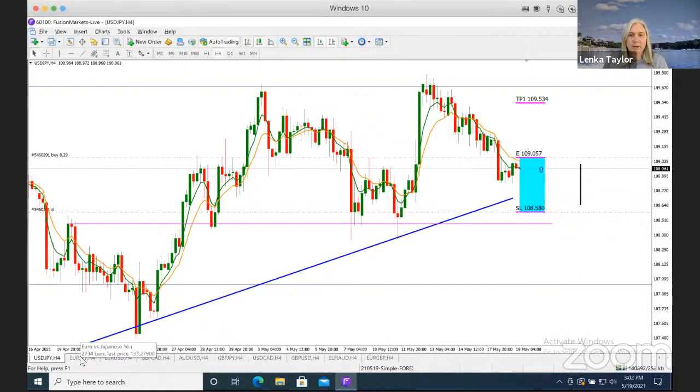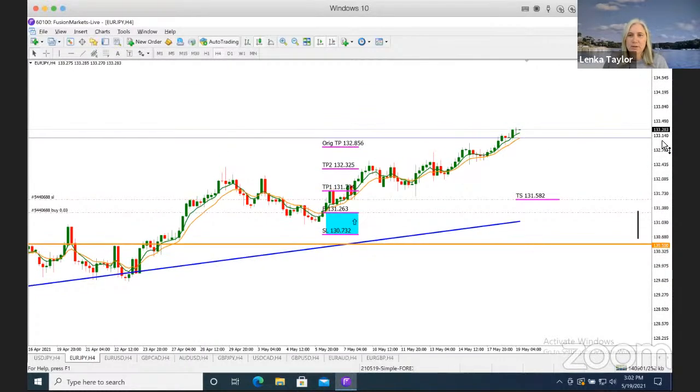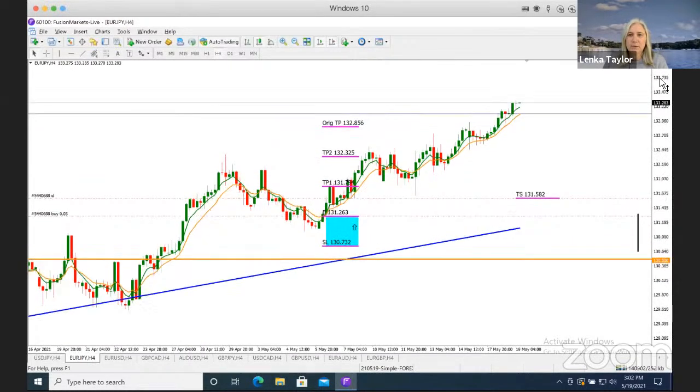The next currency pair I'm going to have a look at is EURJPY. This trade I'm still in from a couple of weeks ago and holding the long position. So still holding there.